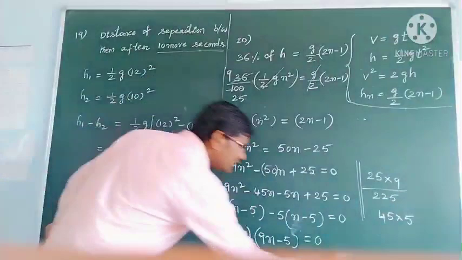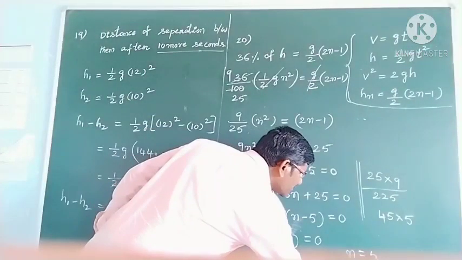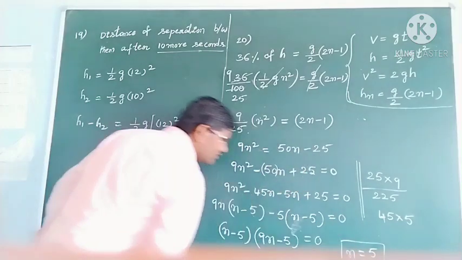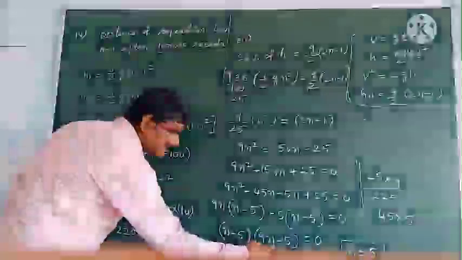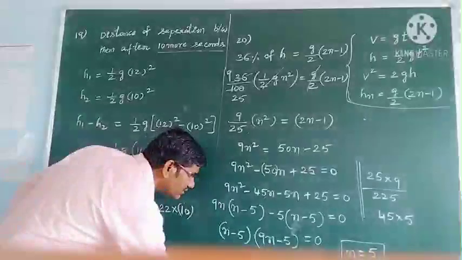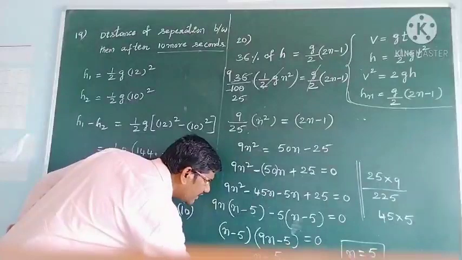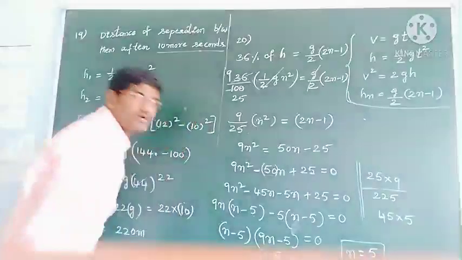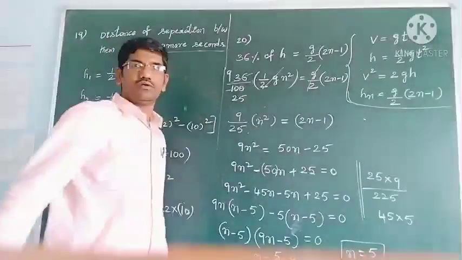So from this data you will get n is equal to 5. And the other root is 5 by 9, which is not possible because it is less than 1 second.